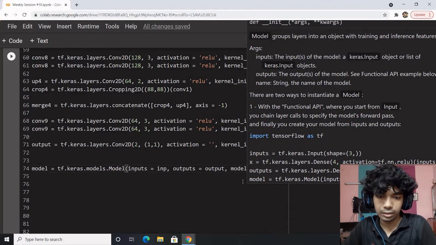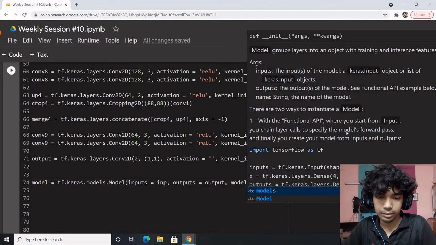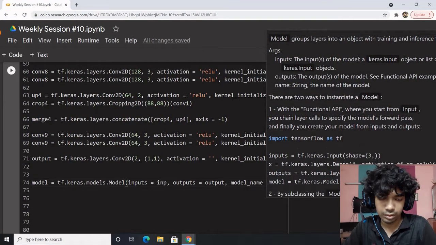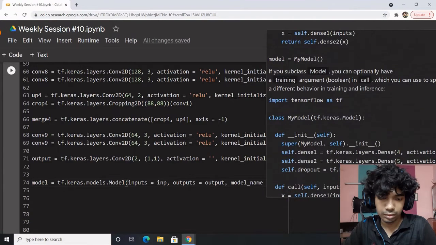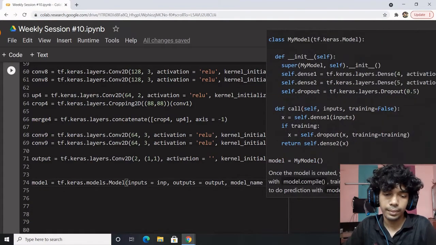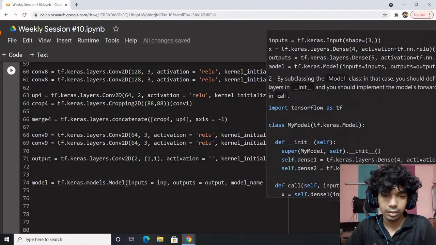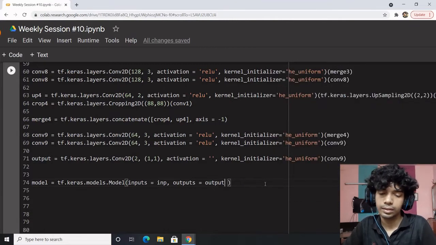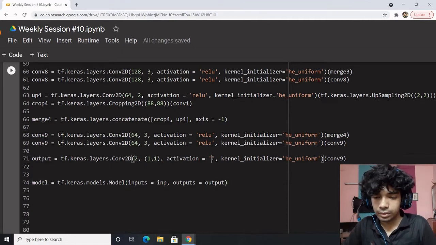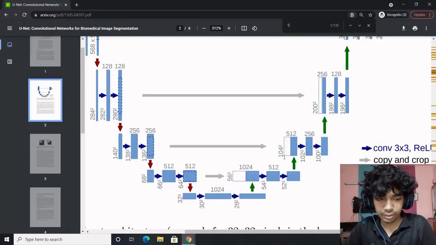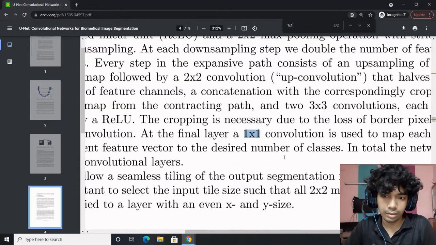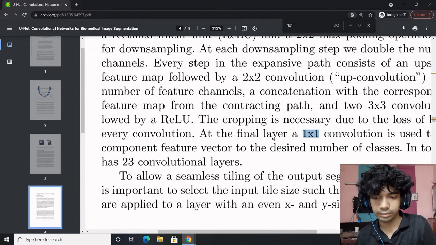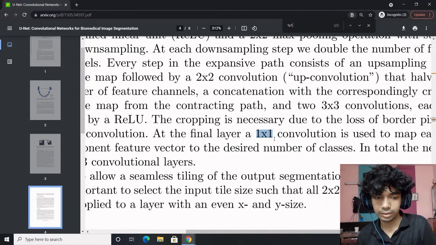Model name, or let it be, let's not keep the model name, it is more than sufficient. 1 cross 1 at the final layer is used to map the feature of 64.